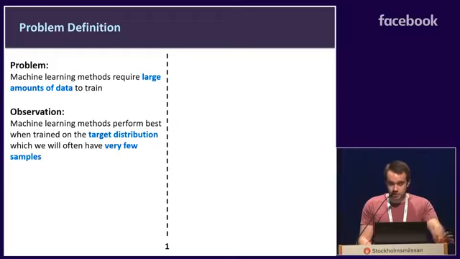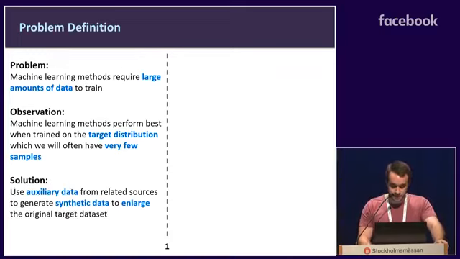Often the target deployment dataset may have very few samples. The solution we're coming up with in this talk is to use auxiliary data from additional datasets from related sources to generate synthetic data to enlarge the target dataset.